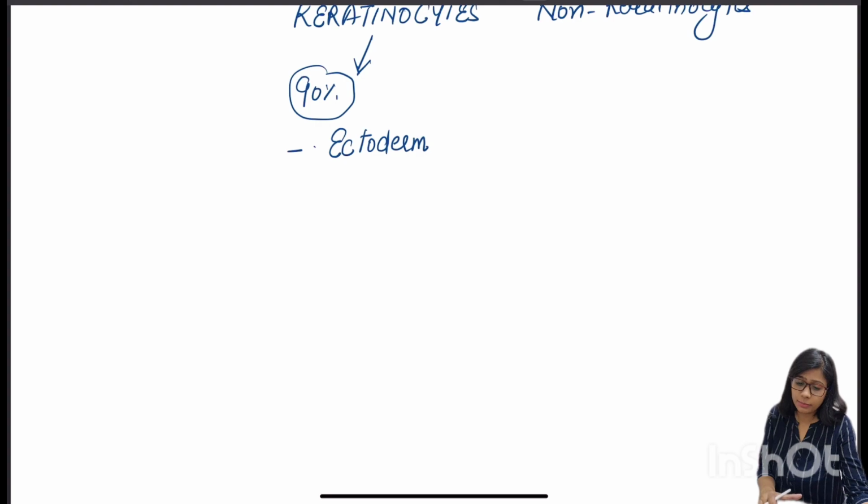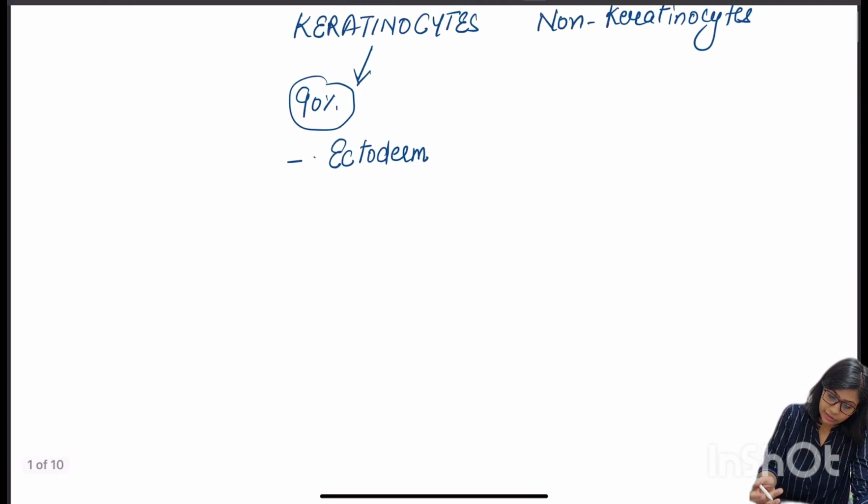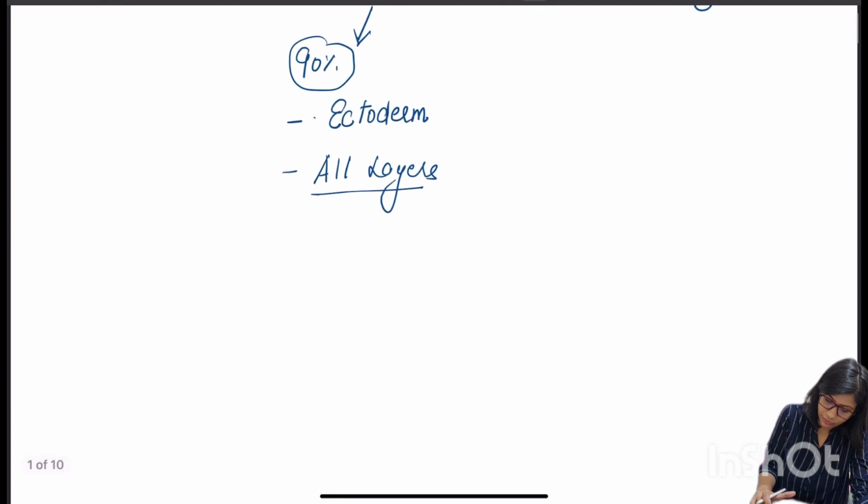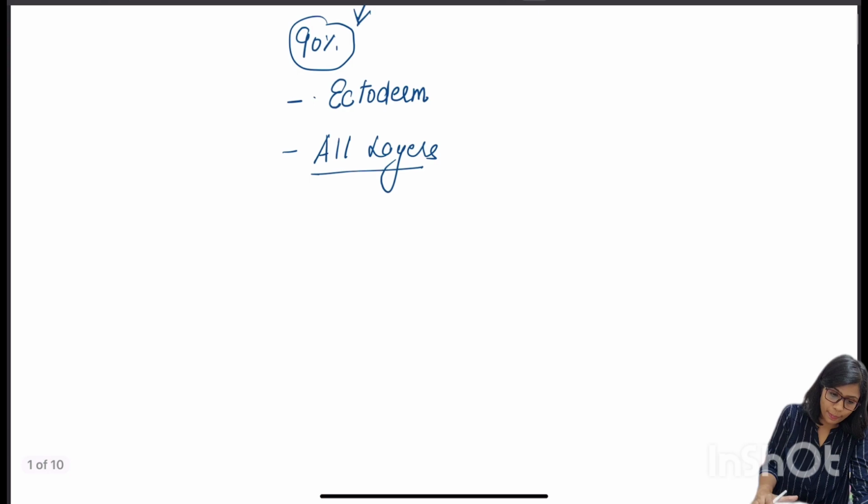All the points I'll be covering are important as far as NEET PG, FMG, or any other MCQ questions are concerned. So, these cells are present in all layers of epidermis, right? This has been previously discussed in our last video.